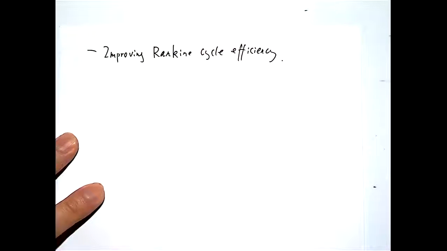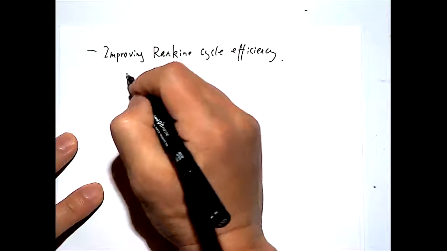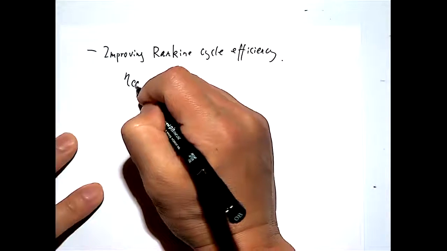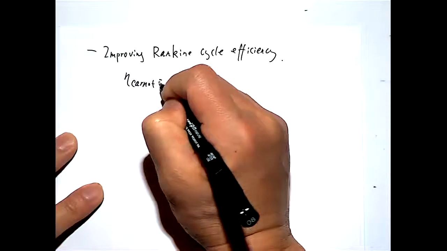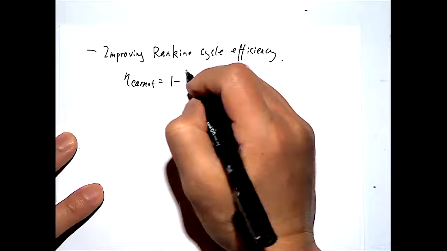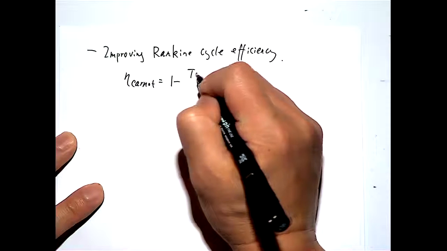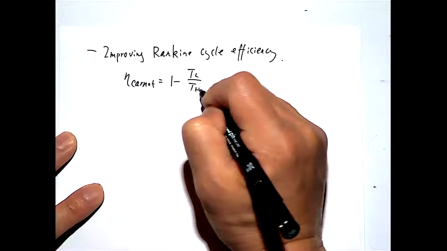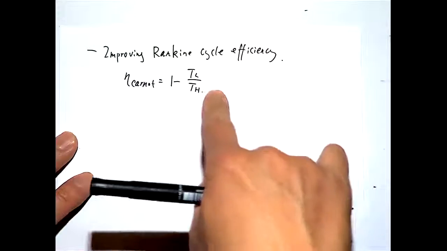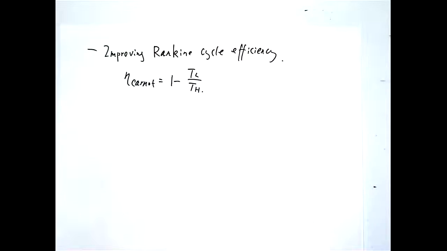So there are two principles or rules of thumb, which come from the Carnot cycle. We recall the Carnot heat engine efficiency can be written as 1 minus TL over TH, the low temperature reservoir versus the high temperature reservoir.